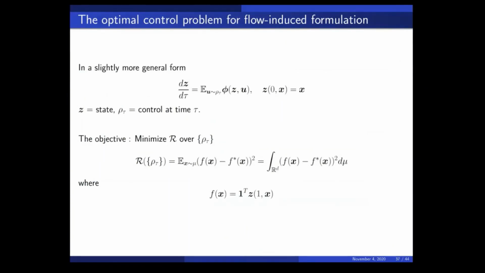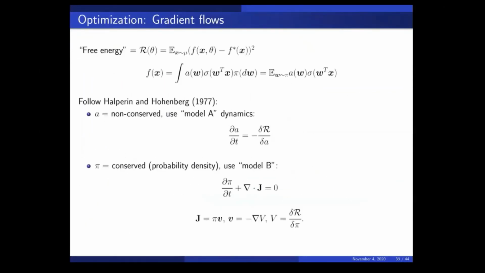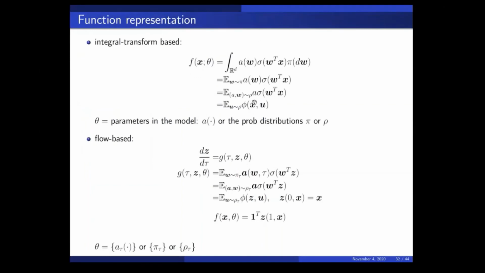Now, this was just looking at representations of this type. So now let's consider representations of this type, which we call flow-based representation, which means we first look at the dynamical system dz/dtau equal to this, and then we choose the optimal parameters with this one-parameter family of probability distributions rho to minimize the population risk.